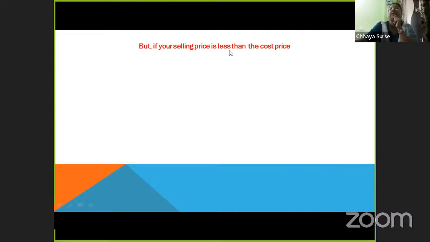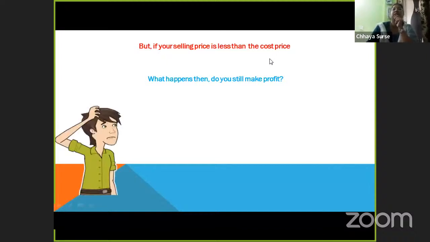If your selling price is less than the cost price, there is a loss. Do you still make a profit? No, it does not make a profit, it makes a loss.